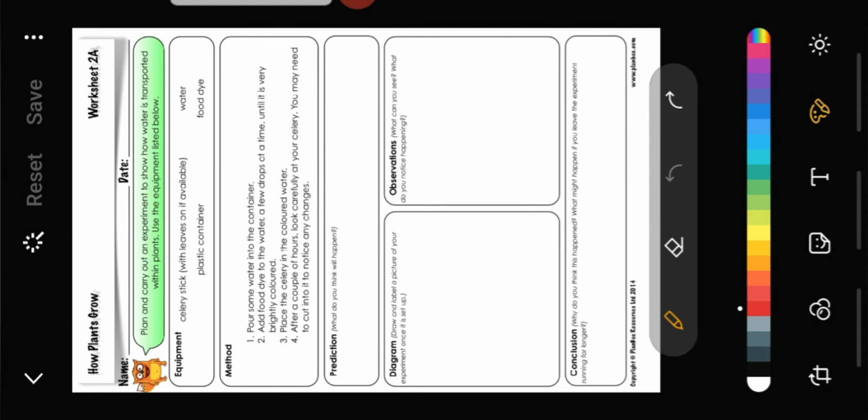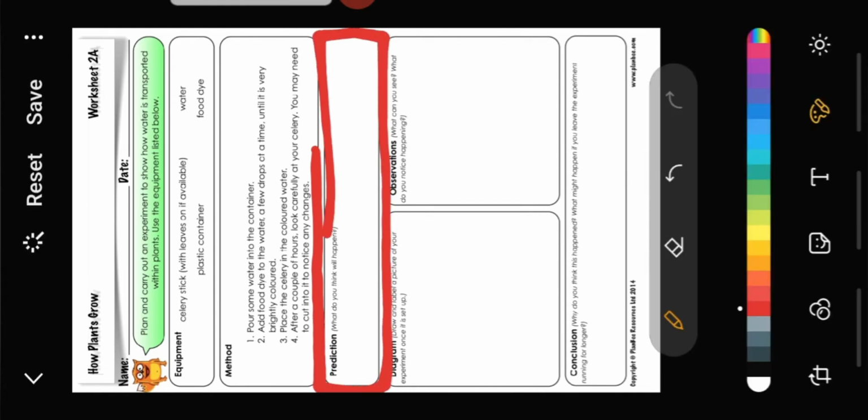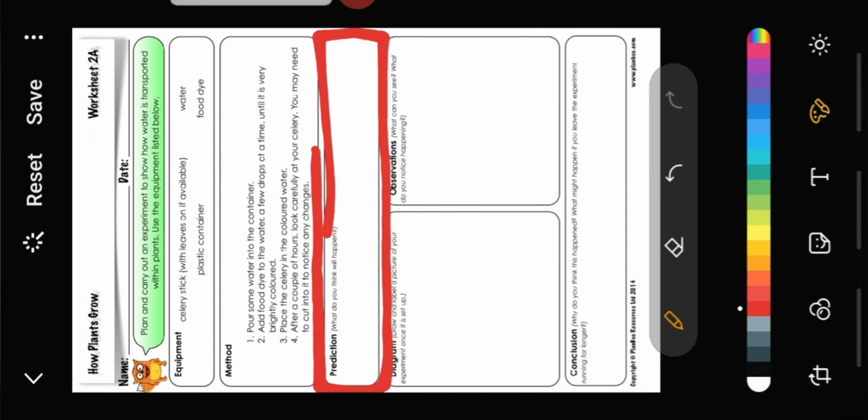So the first thing you're going to do is make a prediction. What do you think will happen? Think about what we were talking about, the role of the parts of the plant in transporting water around the plant. What's going to happen to the celery over time?